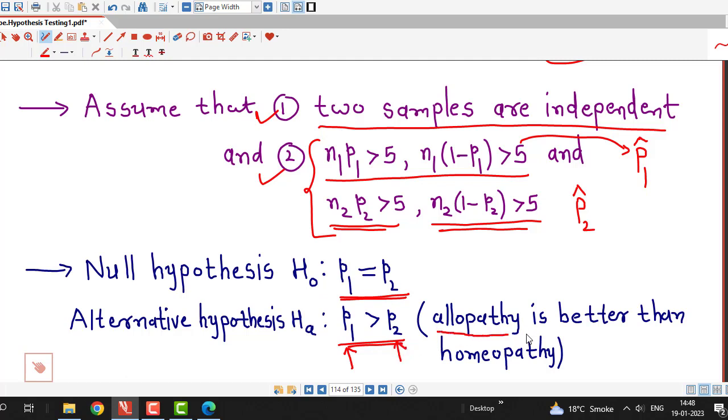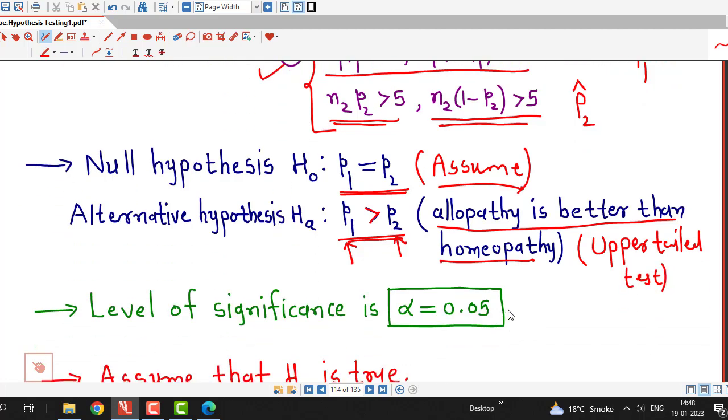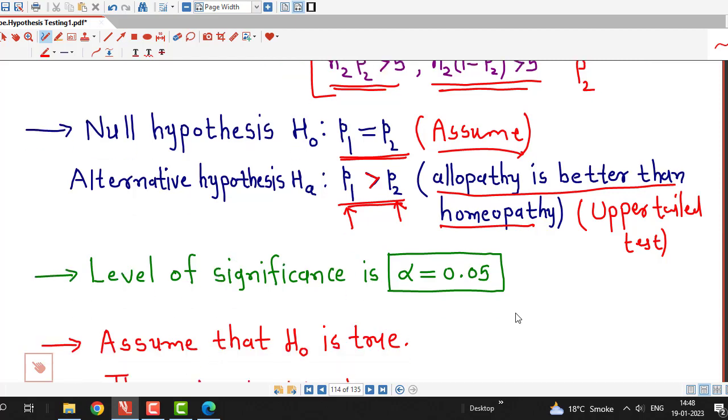This means allopathy is better than homeopathy, and we assume that null hypothesis is correct and we test that null hypothesis. And because we have this greater than sign here, this is going to be a one-tailed test or upper-tailed test or right-tailed test. Level of significance is given as 0.05.